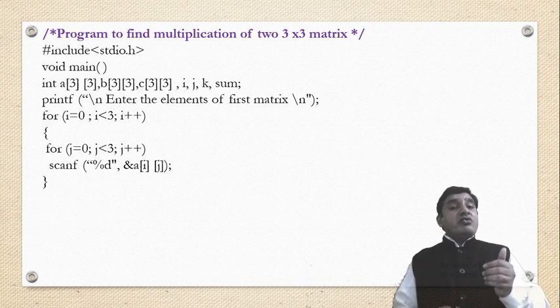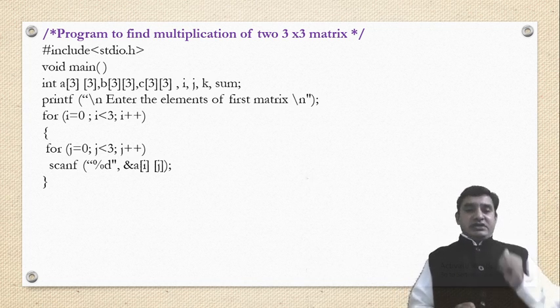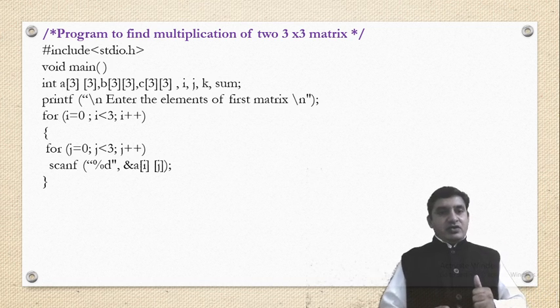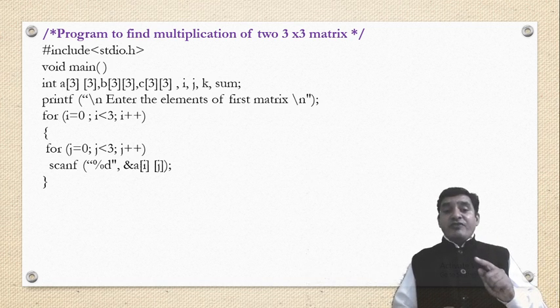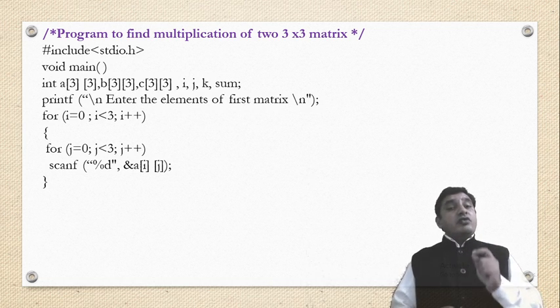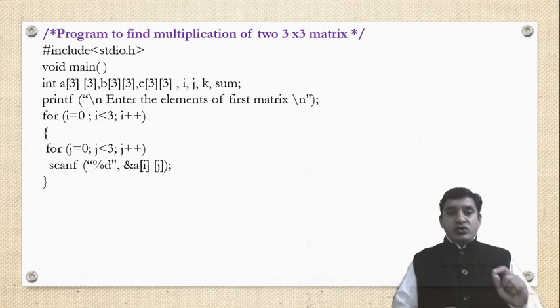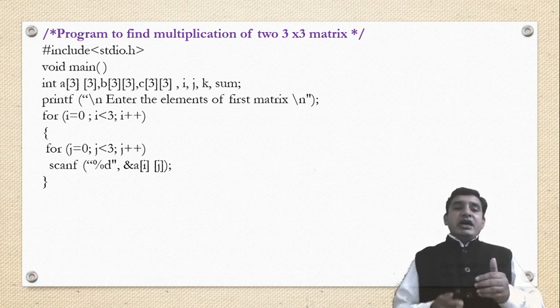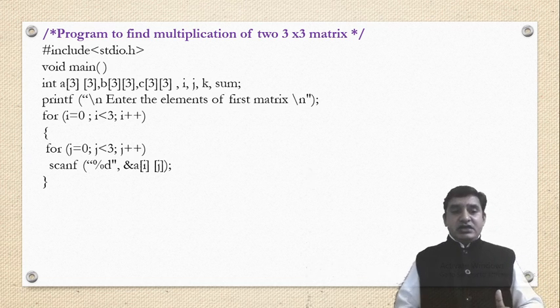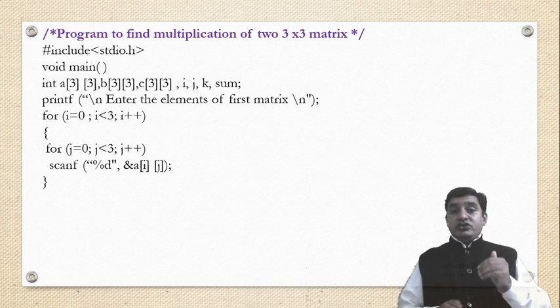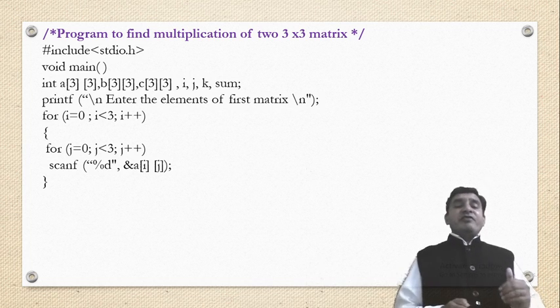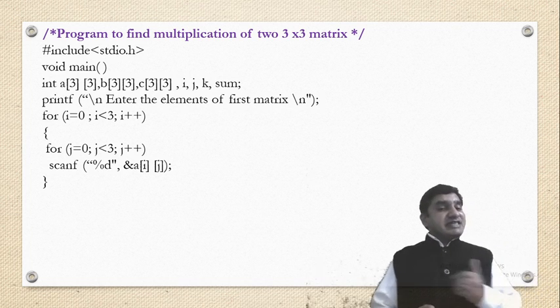Now we have to enter the first matrix. The value of i is 0, 1, 2. The value of j is 0, 1, 2. And now we enter the elements of the first matrix by using the scanf function.